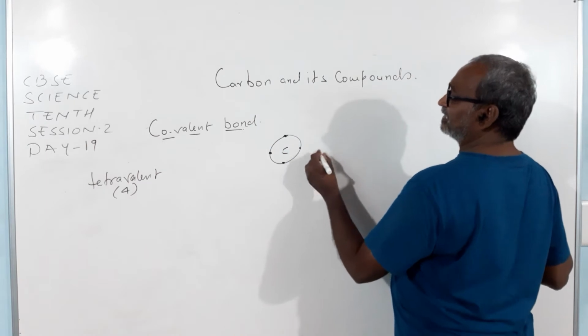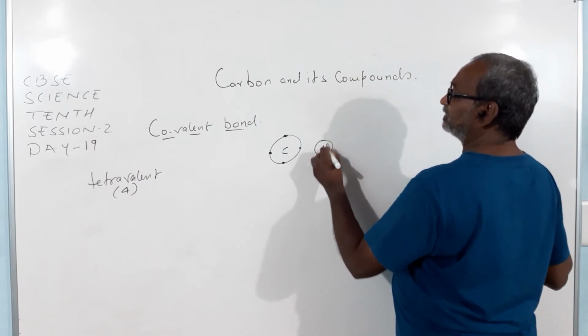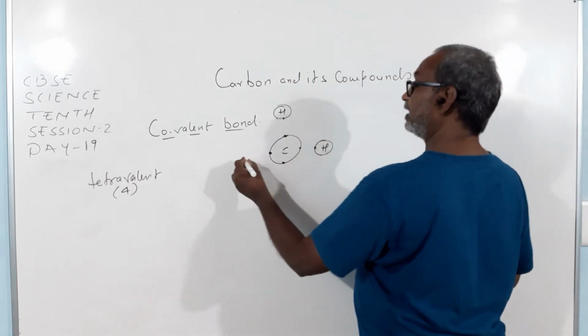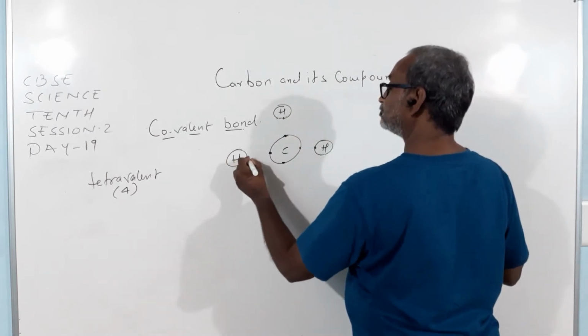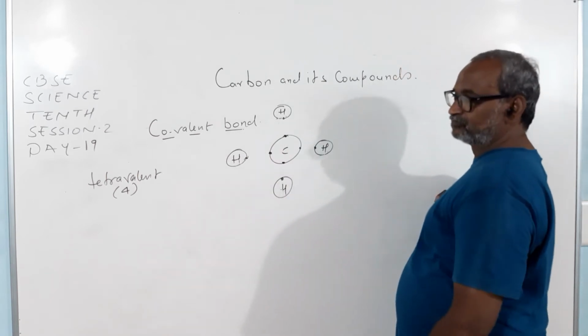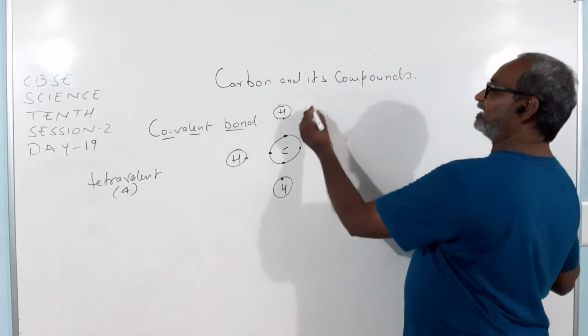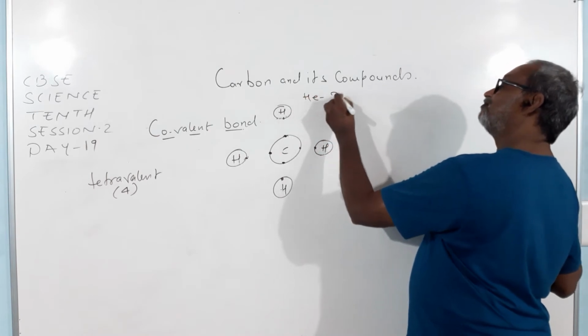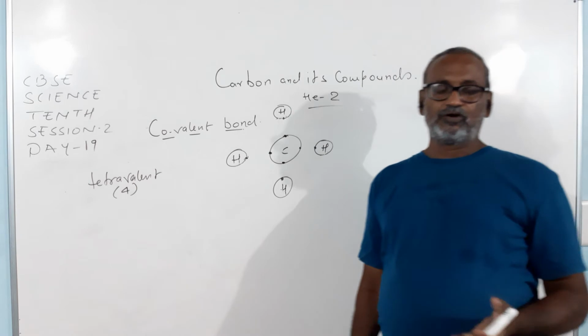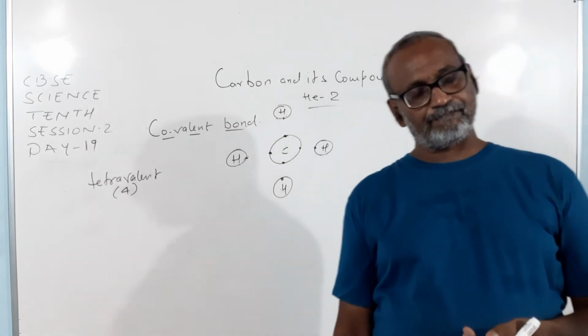Hydrogen atom on the other hand has 1 electron in its only shell. The nearest noble gas to hydrogen is helium, whose electronic configuration is 2, which has 2 electrons in its only shell.